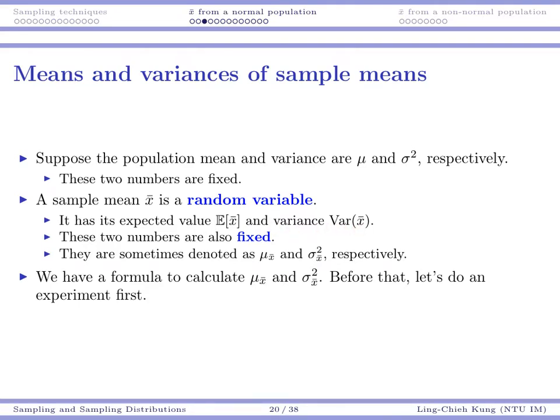Sometimes we will use mu x bar and sigma square x bar to denote these two numbers, the mean of sample mean and the variance of sample mean. These two numbers are fixed because they are an expectation and variance of a random variable. The thing here is that we know these are two fixed numbers, but we don't know what they are.